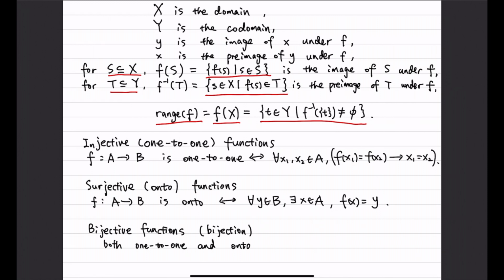In other words, if f is a one-to-one function, then distinct elements of the domain will be mapped to distinct elements in the codomain by this function f.